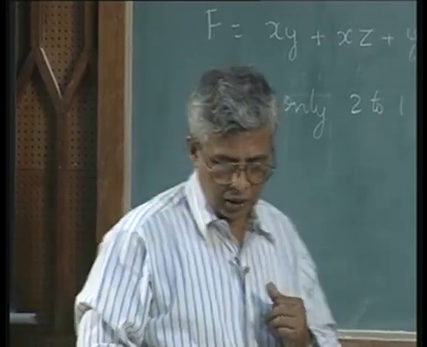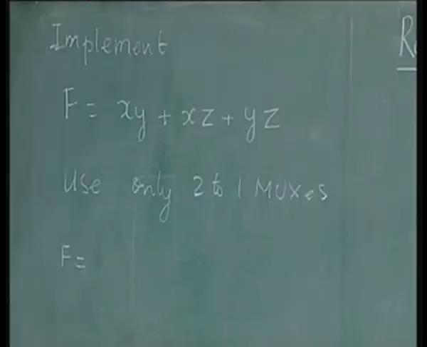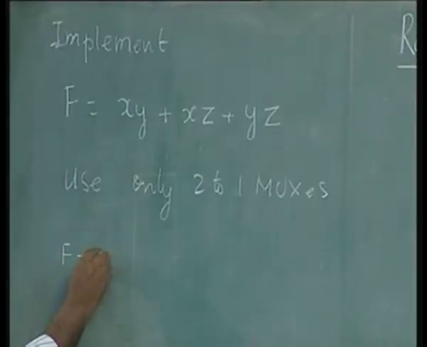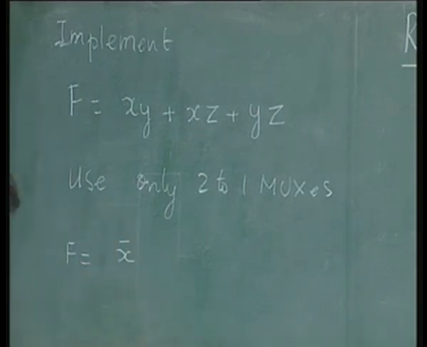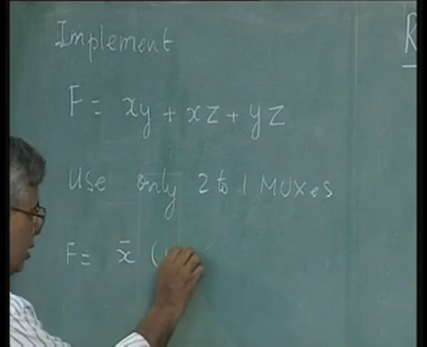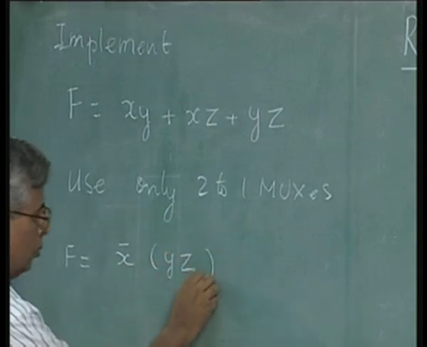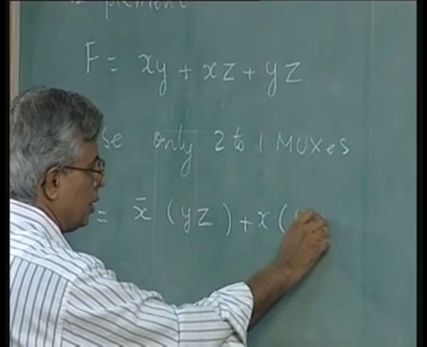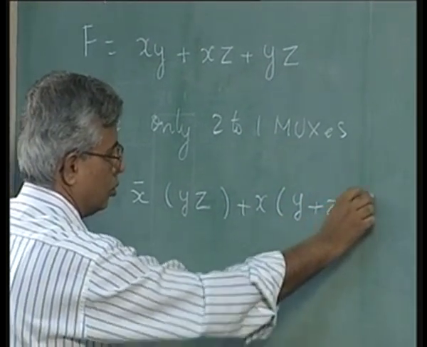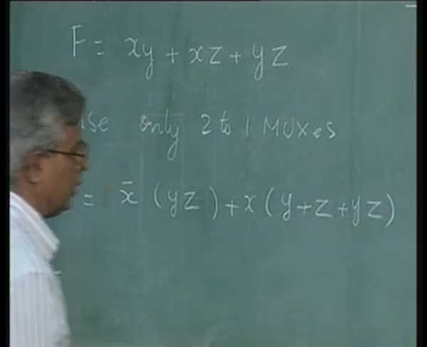So, let us first rewrite it using x as the selector variable. Supposing I rewrite this as x bar yz, plus x times (y or z or yz).